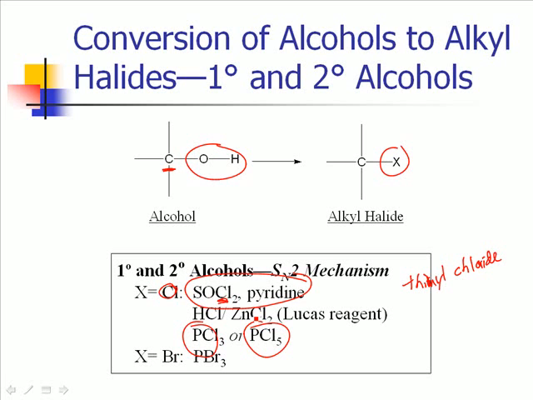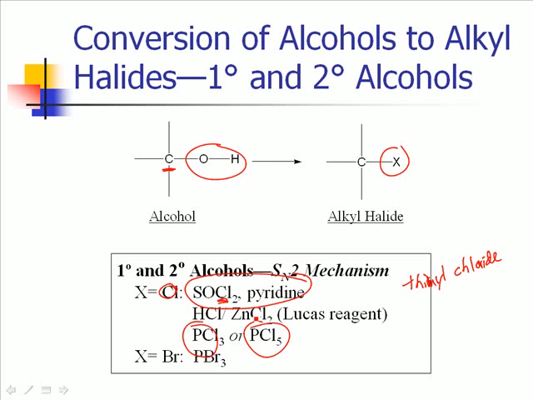If we want to replace the OH group with a bromine atom, the best reagent for this is PBr3, phosphorus tribromide, and it will replace the OH group quite readily to form our alkyl bromide.